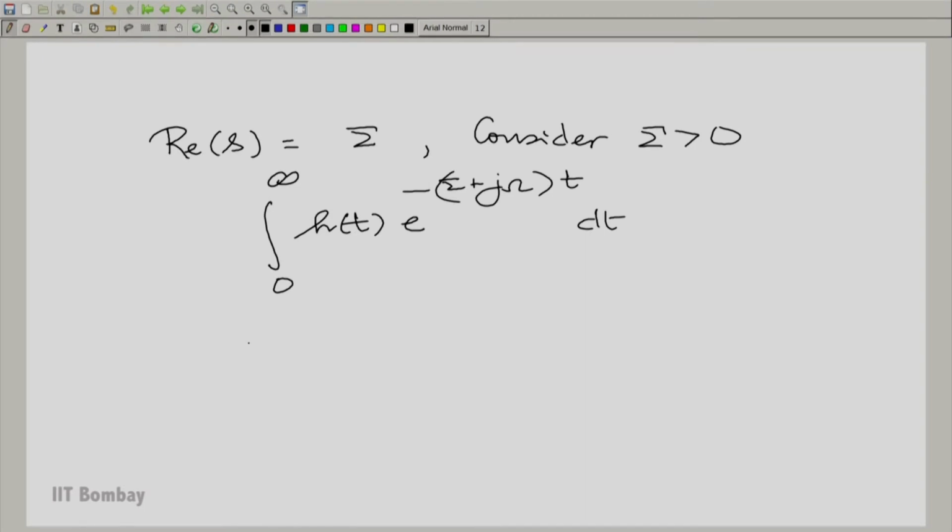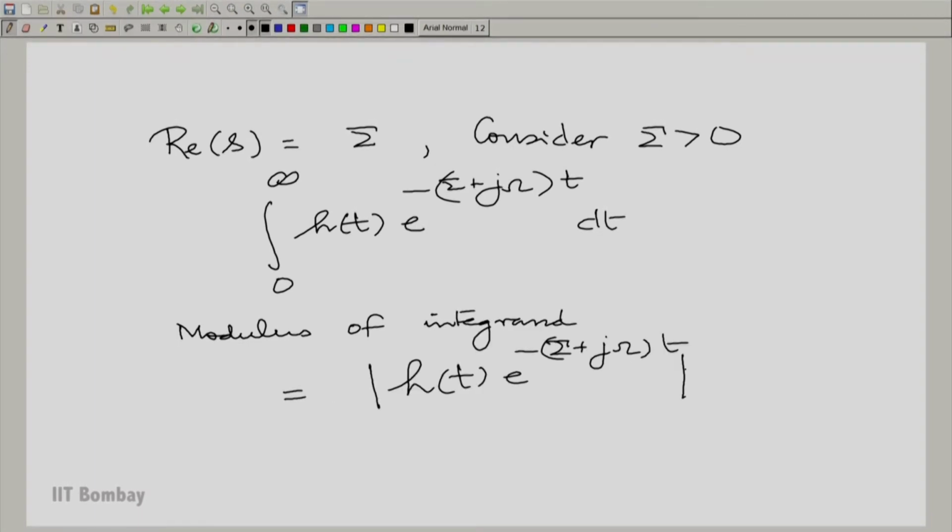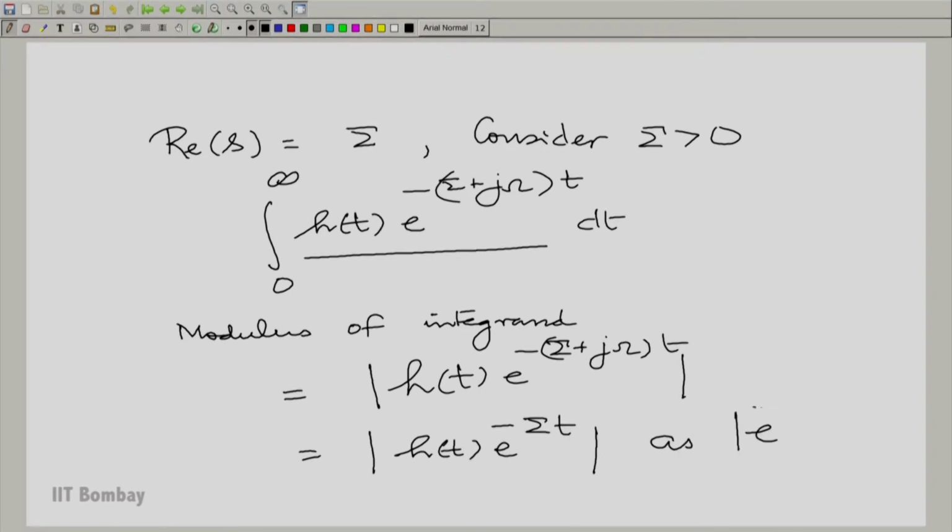Now let us look at the modulus of the integrand. Since the modulus of e raised to the power minus j omega t is equal to 1, only mod h t e raised to the power minus sigma t figures.